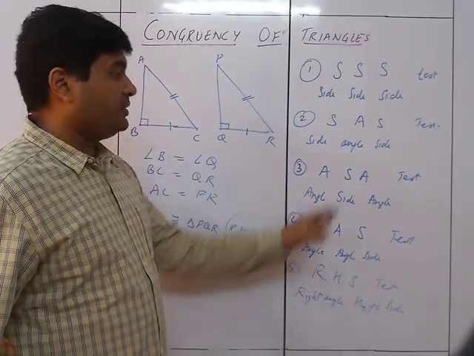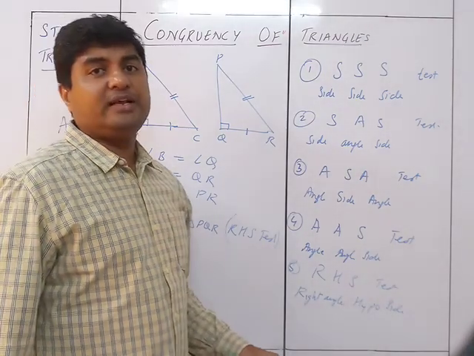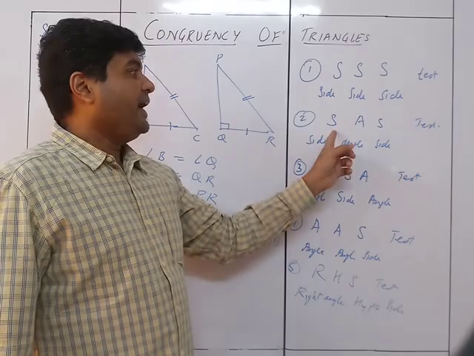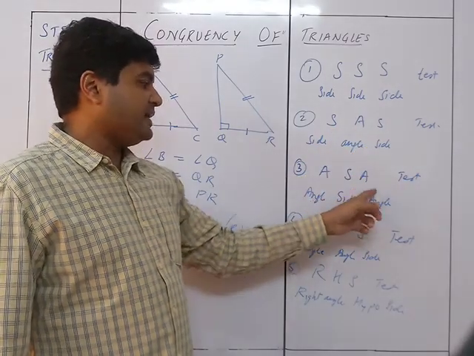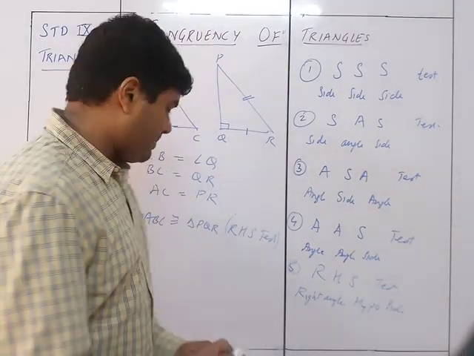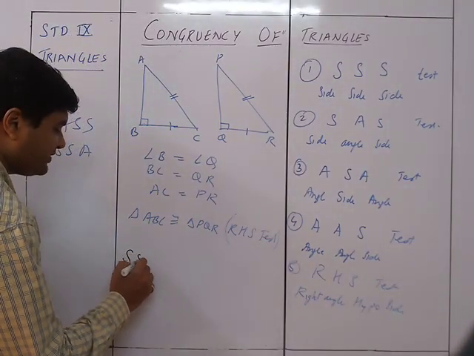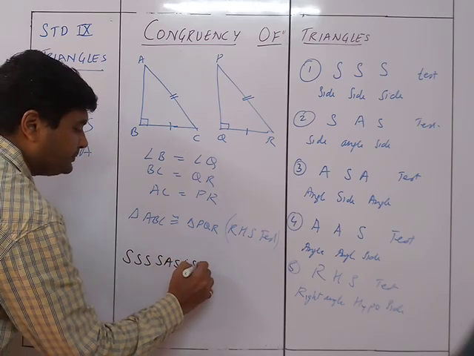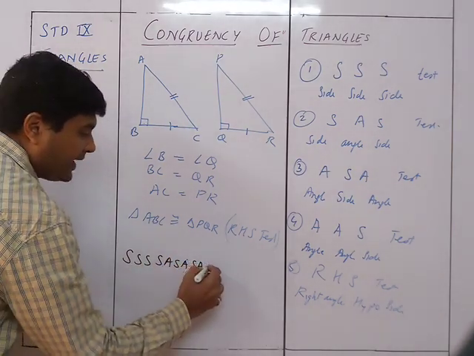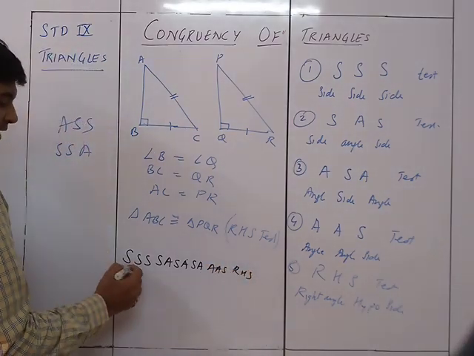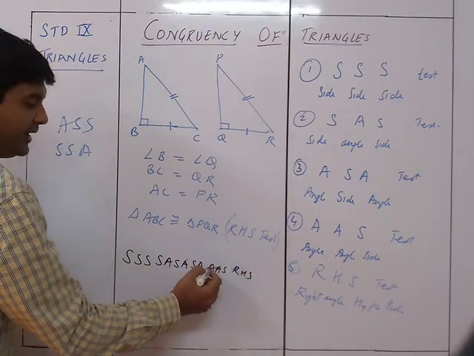So these are the 5 different types of tests for triangles: SSS, SAS, ASA, AAS, RHS. The whole thing can be remembered this way. You write 3 times S, then 3 times SA, and then AAS, RHS.